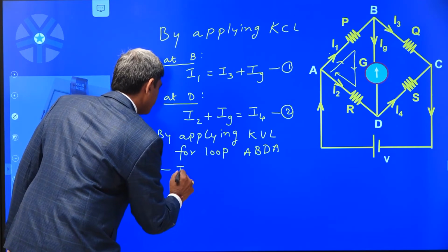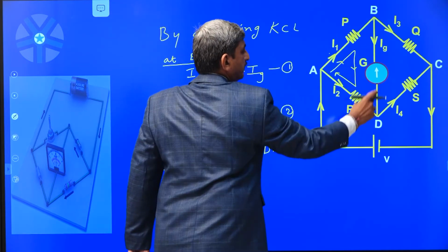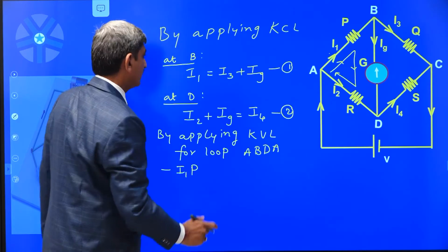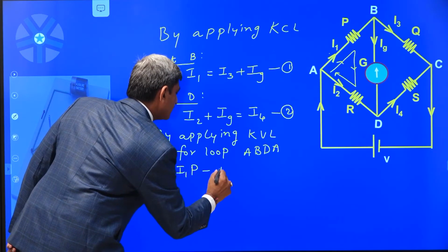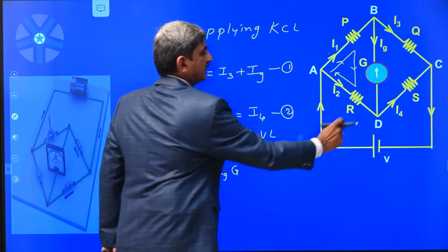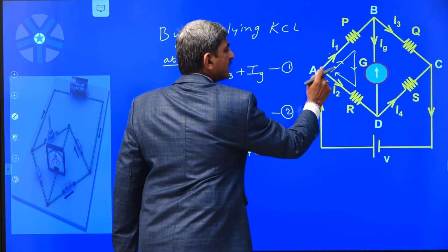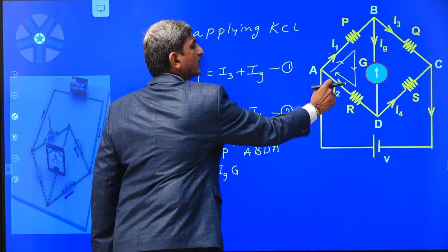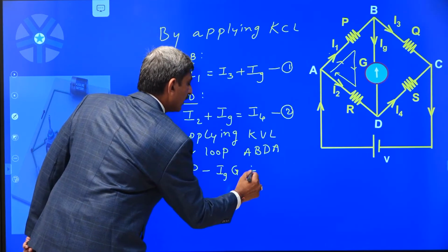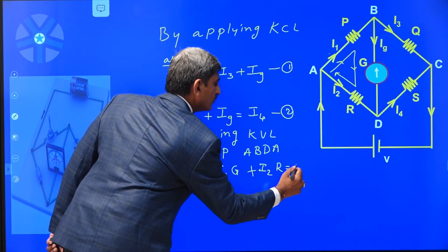minus I1P. Next, in this BD branch also, direction of the current and the direction of the loop are in the same direction, so that minus IgG. Next, in this DA branch, direction of the current and the direction of the loop are in the opposite direction, so that the drop is positive, plus I2R is equal to 0.